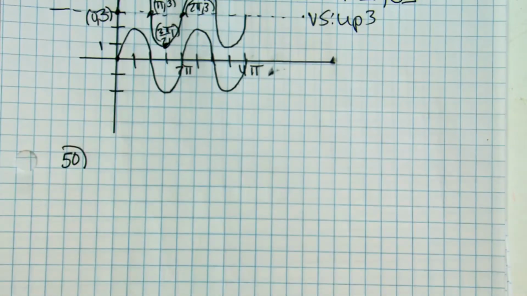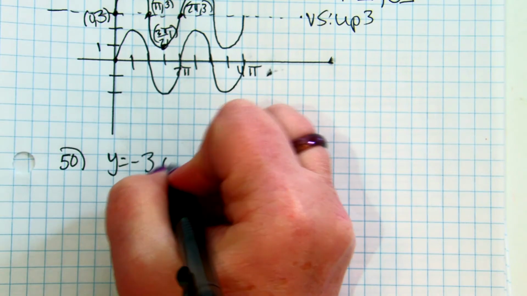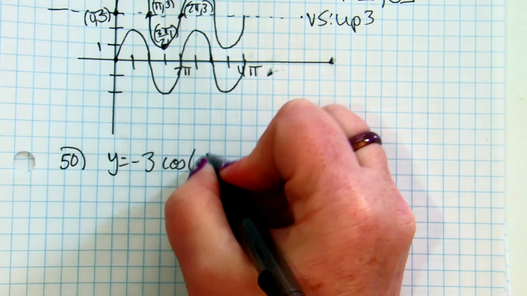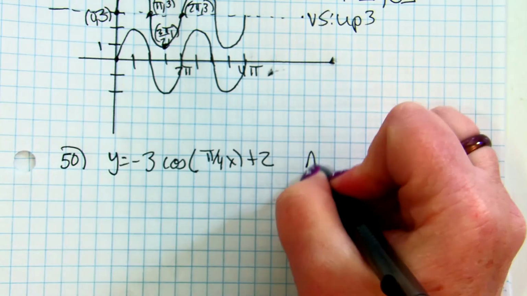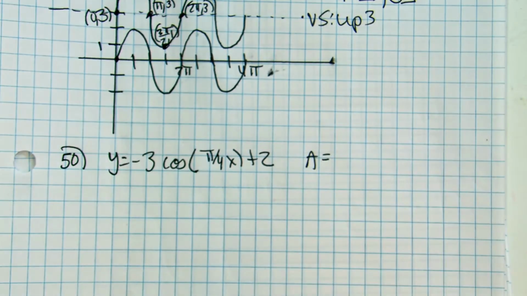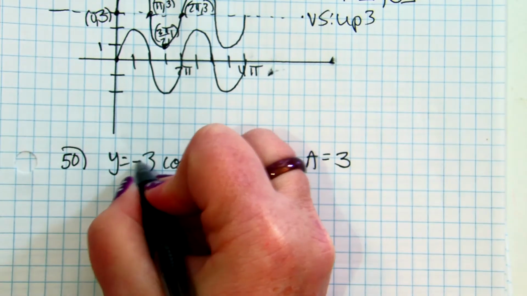Number 50 is y equals -3 cosine of pi over 4 x plus 2. So write the amplitude. It's 3, even though it's negative.